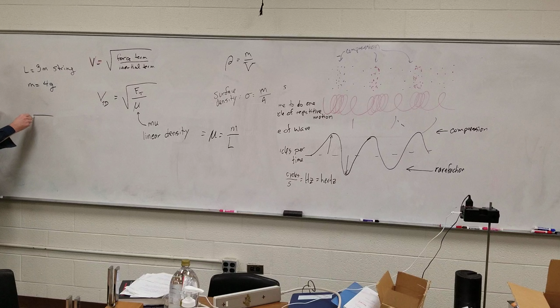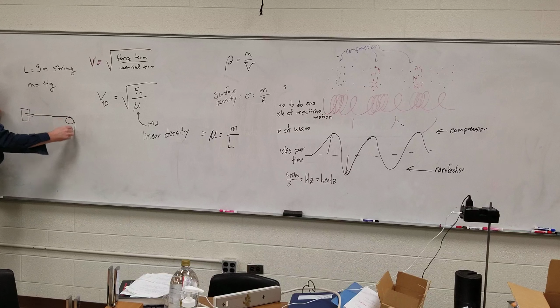My string is attached to the string vibrator. At the other end, instead of just holding it, you have it dangling over a pulley, and at the end of it you put a 2 kilogram mass. We can figure out how fast the wave is actually traveling along the string.